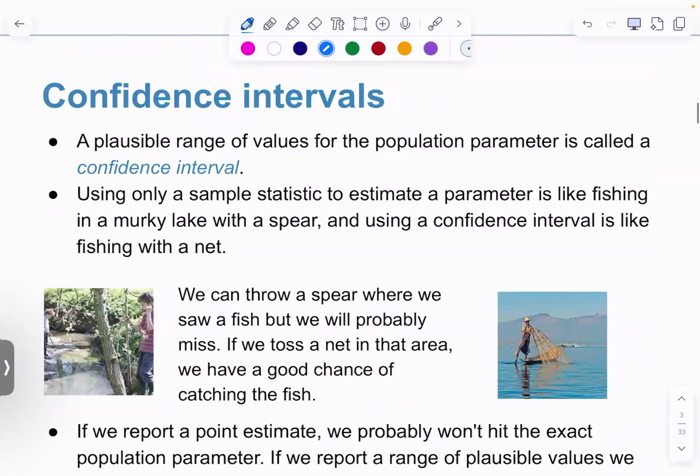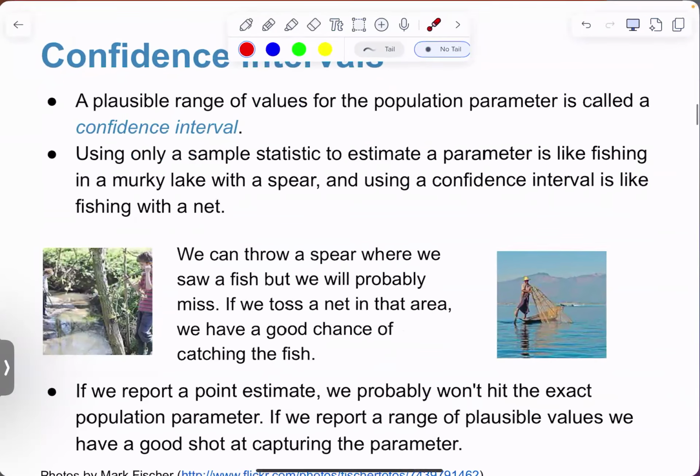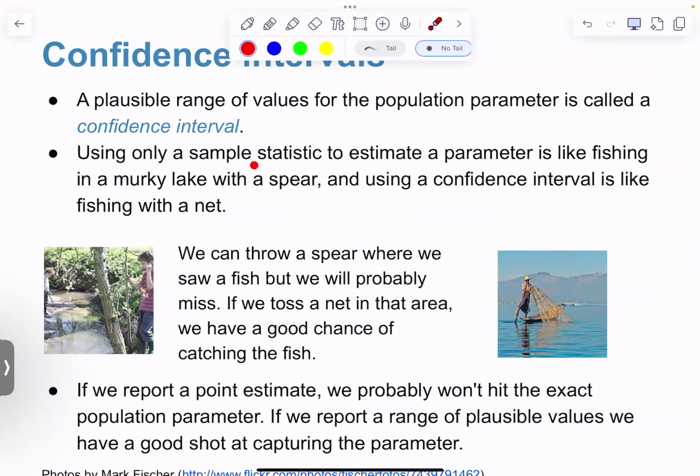Like I was saying, confidence intervals give us a plausible range of values for the population parameter that you're trying to learn about. Using your point estimate, or the sample statistic, is your best guess, but that would be equivalent to using just a spear in murky water.